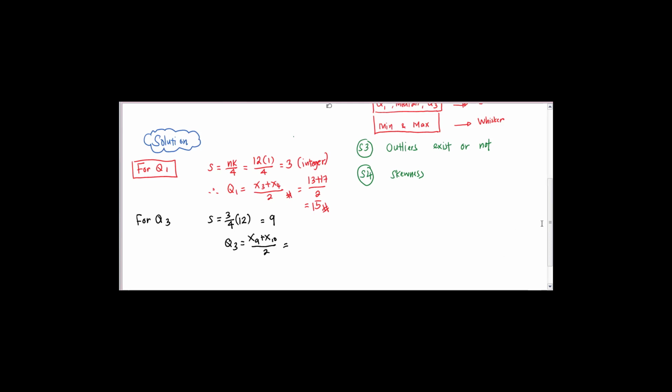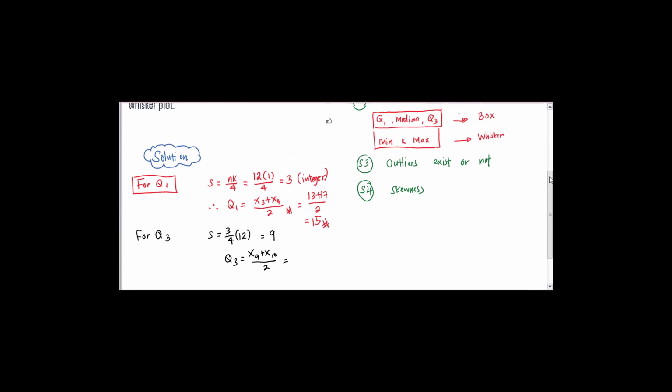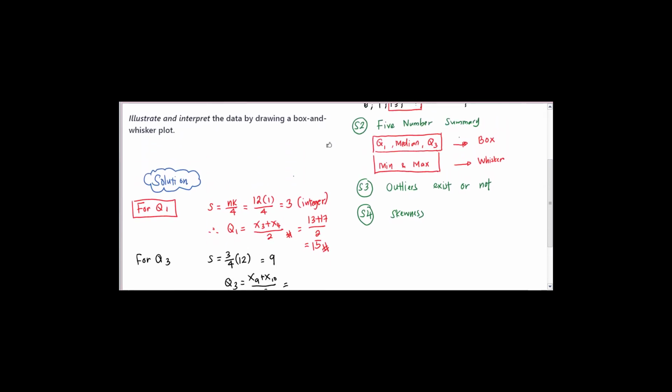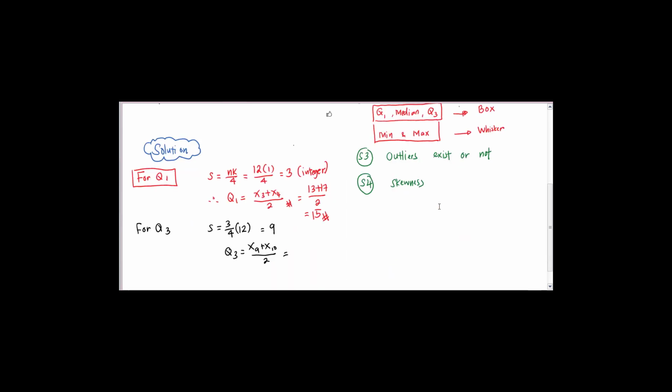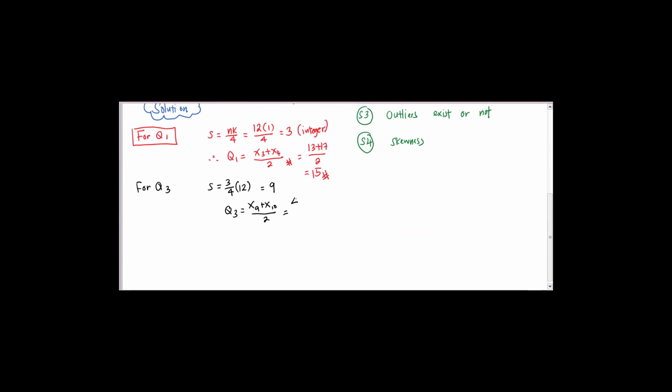So we look back at the data above. So 9 and 10. Just now we counted 3, 4, 5, 6, 7, 8, 9, 10, which is 43 and 49. So the average is 43 plus 49 divided by 2. So at last you get 46.